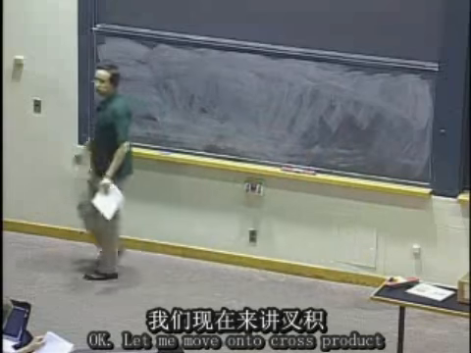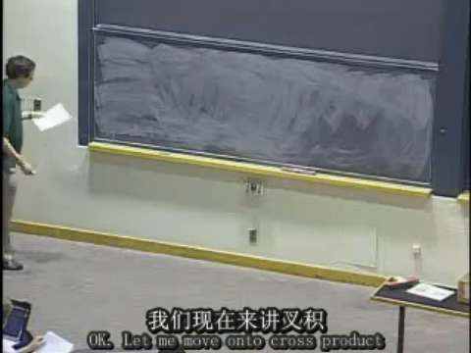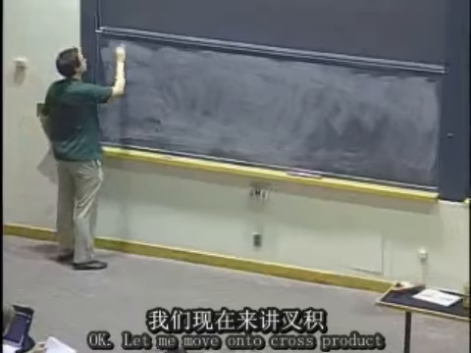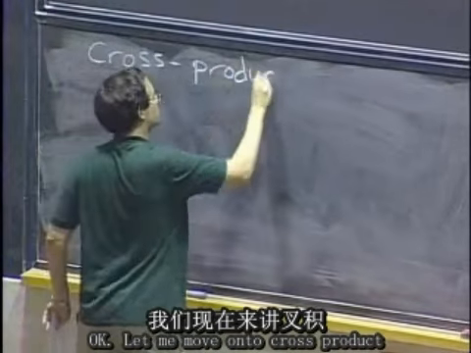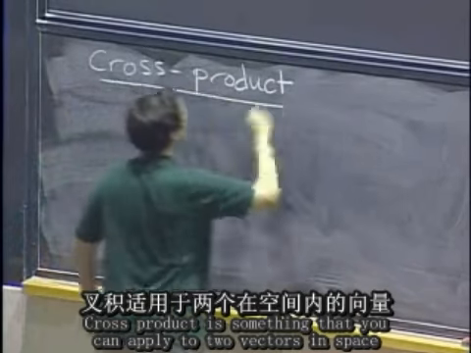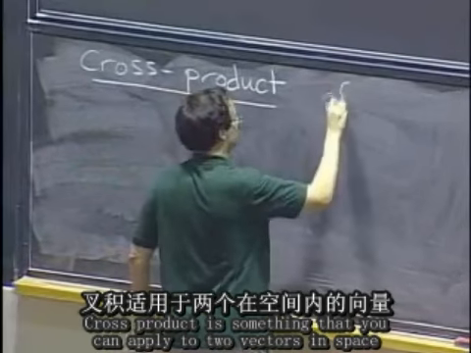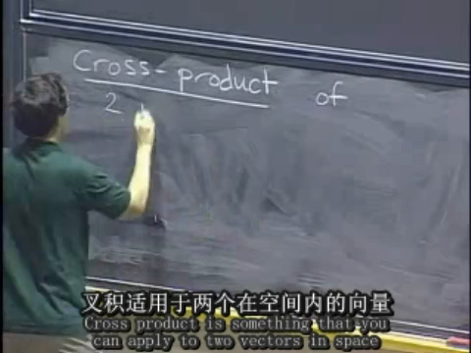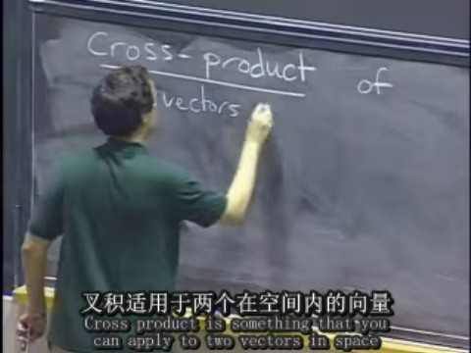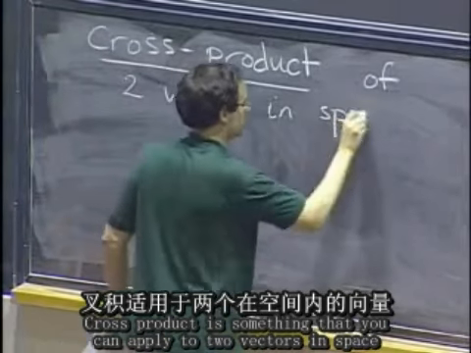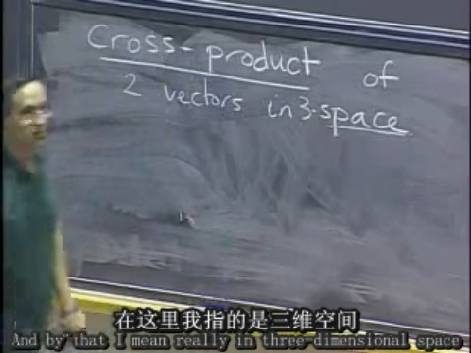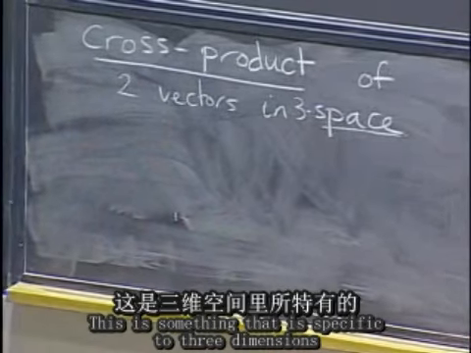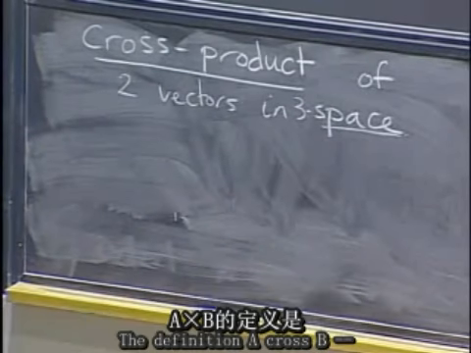So let me move on to cross product. Cross product is something that you can apply to two vectors in space, and by that I mean really in three-dimensional space. This is something that's specific to 3 dimensions.